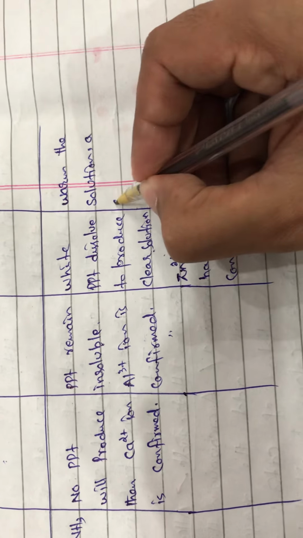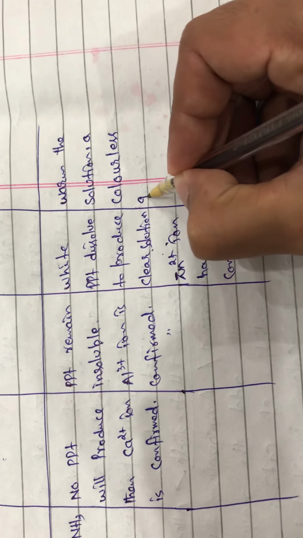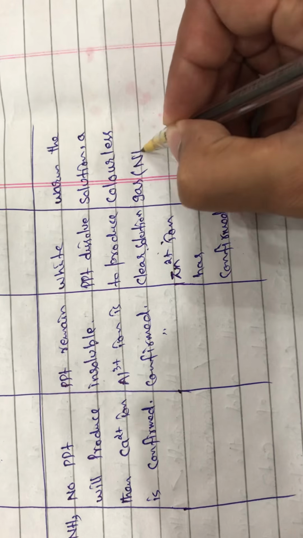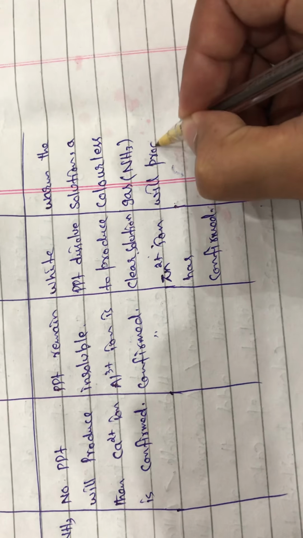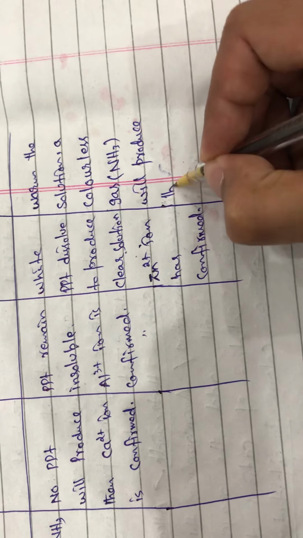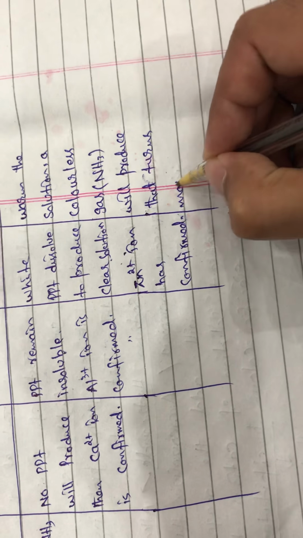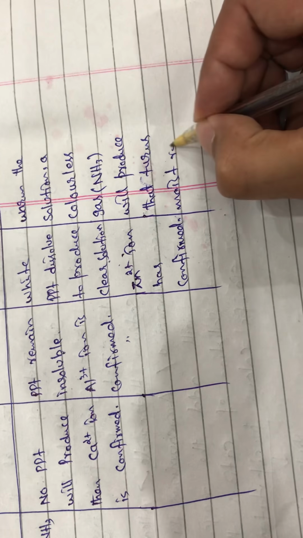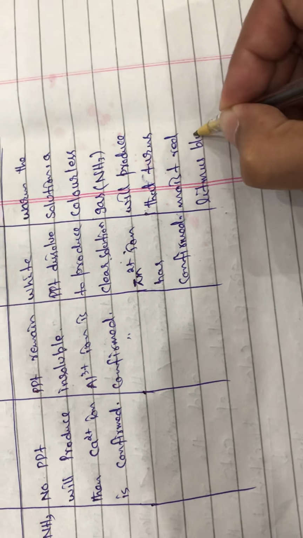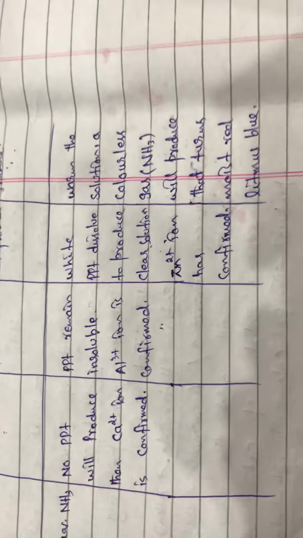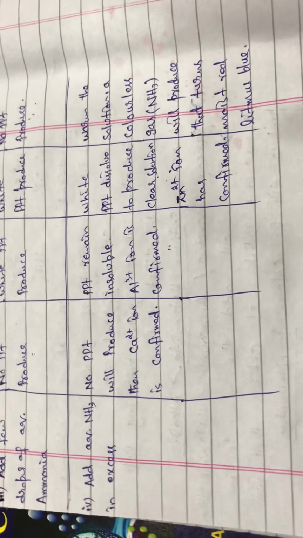A colorless gas, ammonia, will produce that turns moist red litmus blue. So it will turn the moist red litmus paper blue.